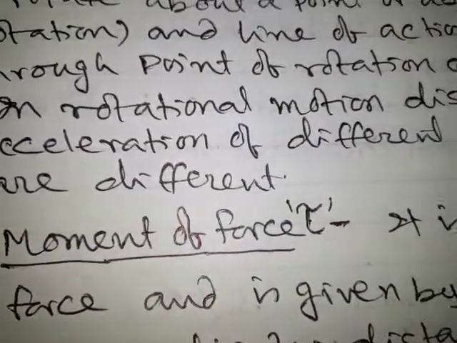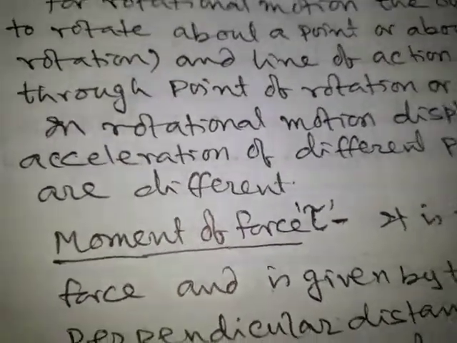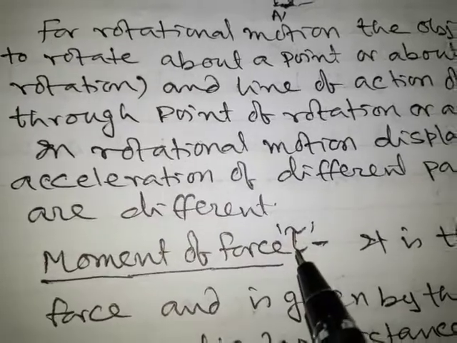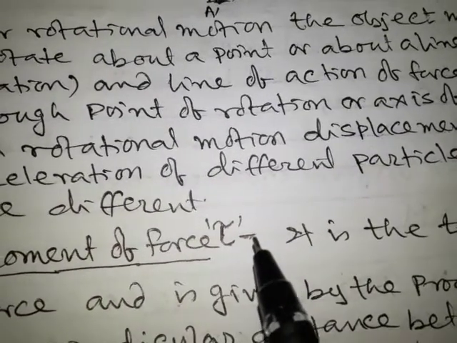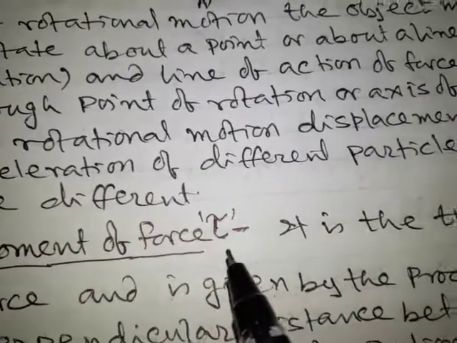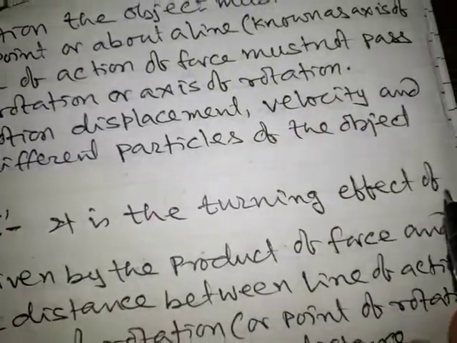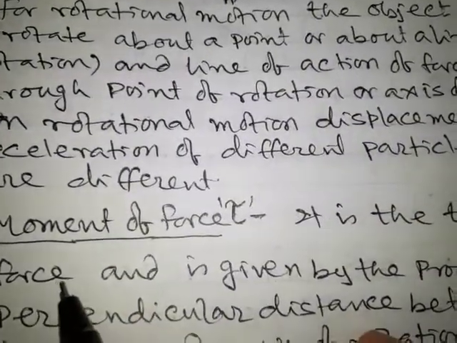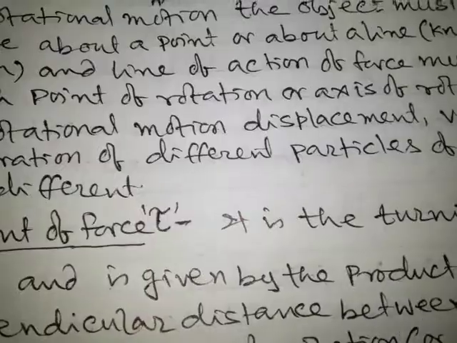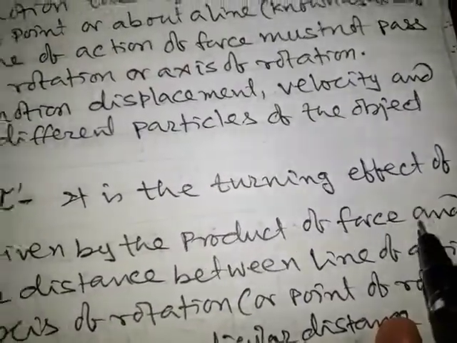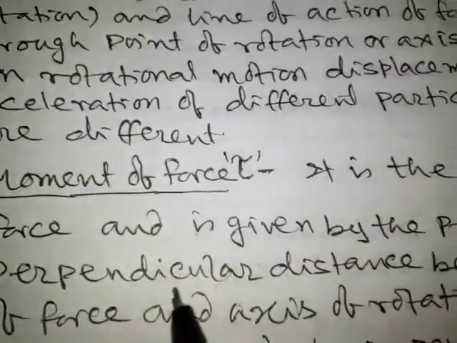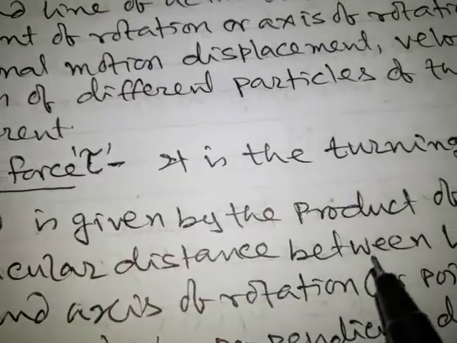Now I will discuss moment of force, or the symbol is torque. So we define, as we have done in class 8, moment of force. It is the turning effect of force and is given by the product of force and perpendicular distance.